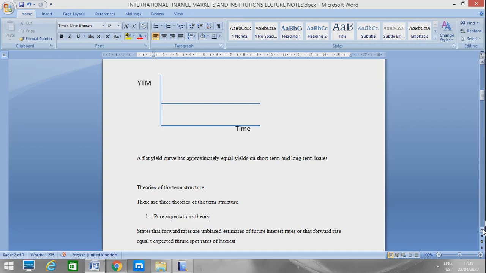Let us go to the second theory, the liquidity premium theory. With this theory, it is assumed that many investors prefer to own short-term rather than long-term securities, because with short-term securities there is greater liquidity.